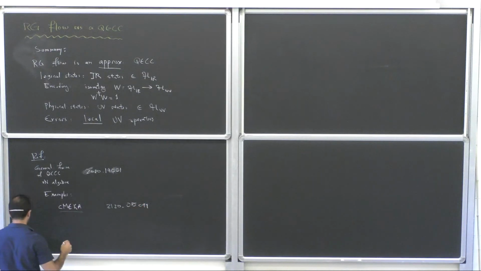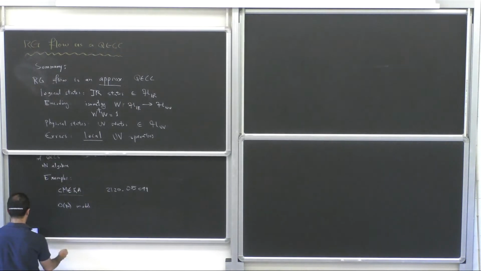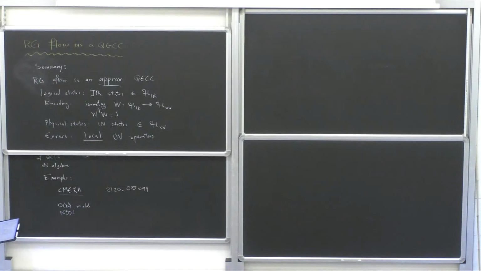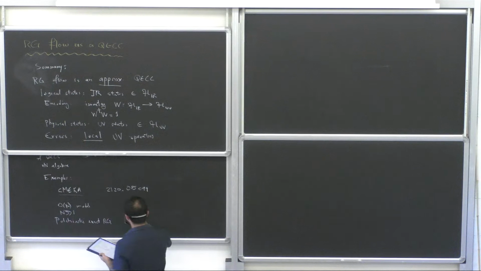And then, perhaps more familiar to high energy theorists, this is some work in progress: the RG flow of the large N O(N) model in the language of Polchinski's exact RG could also be written as a quantum error correction code, and this will come out soon.